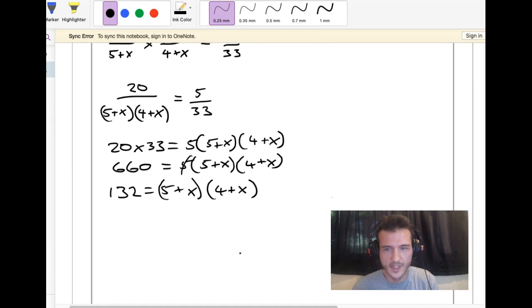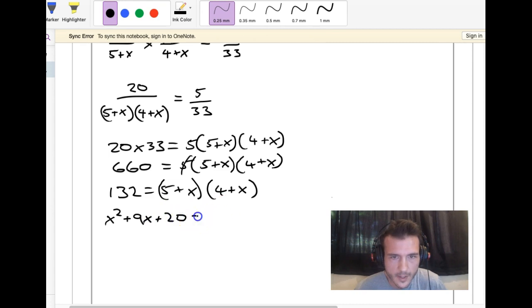Now, it doesn't matter which side of the equals these are, so I'm going to put this on the left hand side and expand. So we'll have X times X is X squared. I'm going to have 5 times X plus 4 times X, which gives us 9x. And we'll have 5 times 4, which equals 20. And that all equals 132.